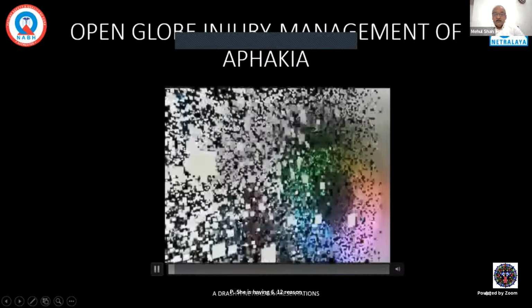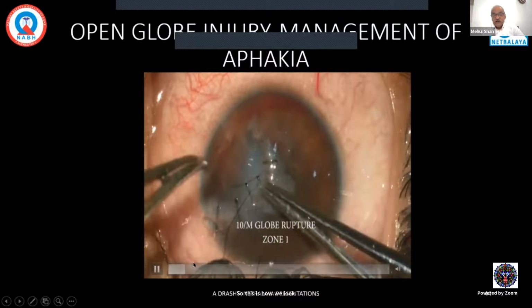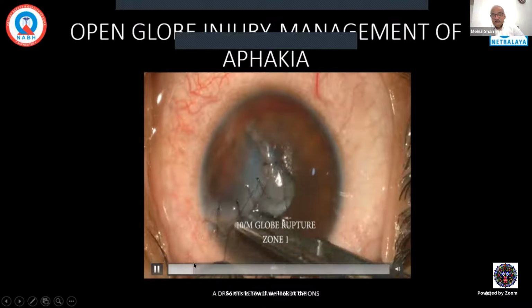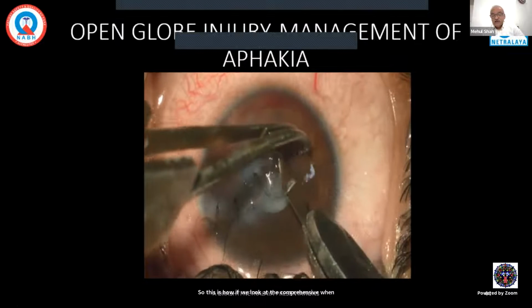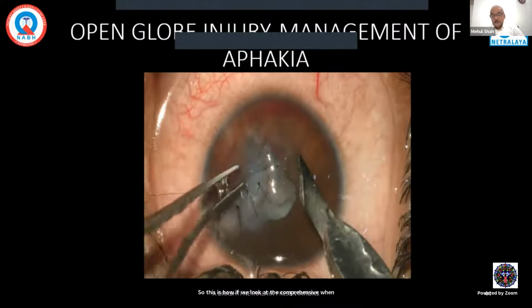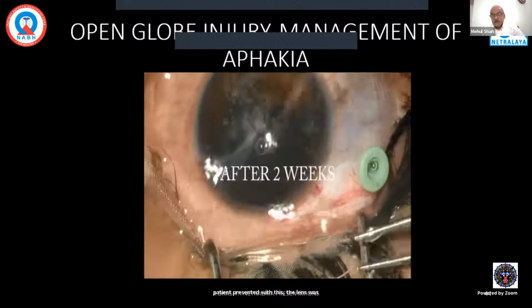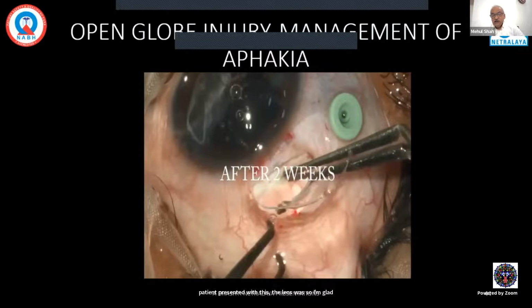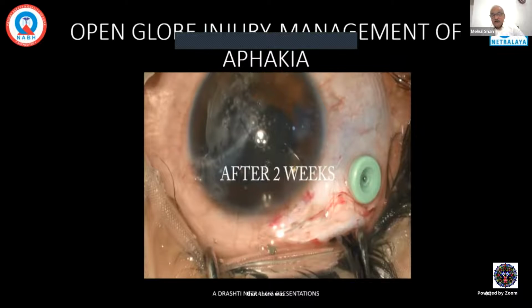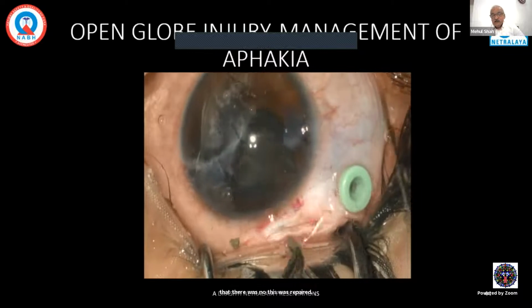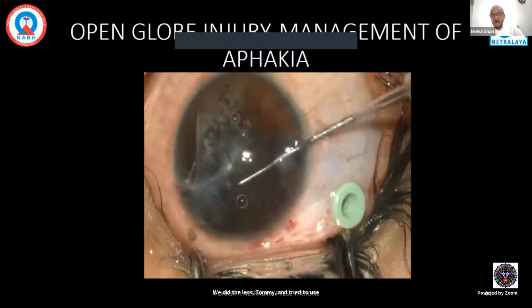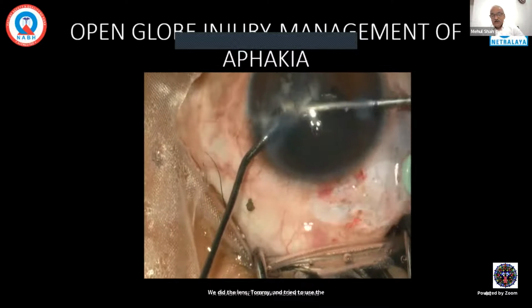So this is how, if we look at it comprehensively, when the patient presented with this, the lens was subluxated. There was this, which was repaired. We did the lensectomy and tried to use the sulcus fixated lens, could not do it.